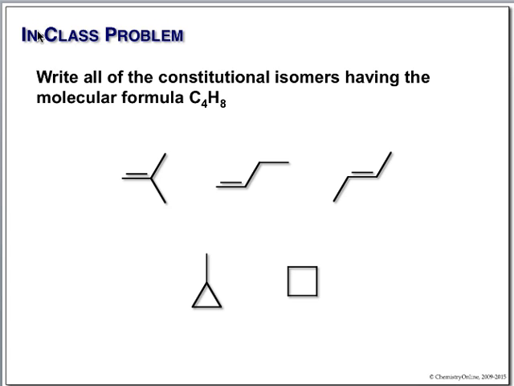We can put it in the middle this way with these 2 guys sticking out. We can make a ring, just like we did. There's our 3-membered ring with 1 side chain, or we can take our 4 carbons and make a square. Each of these is a CH2, so that's 8 total hydrogens.